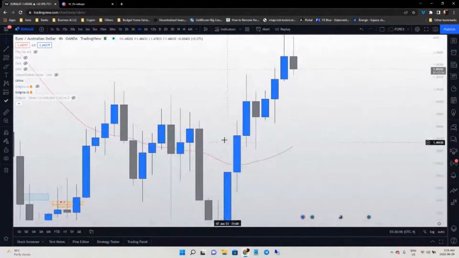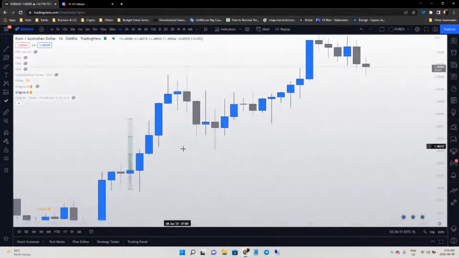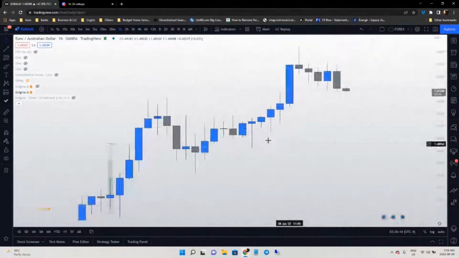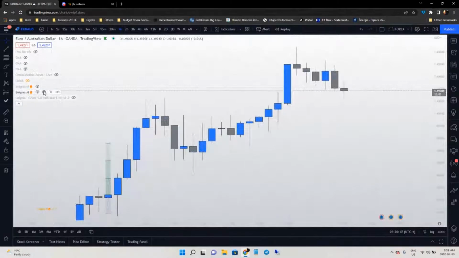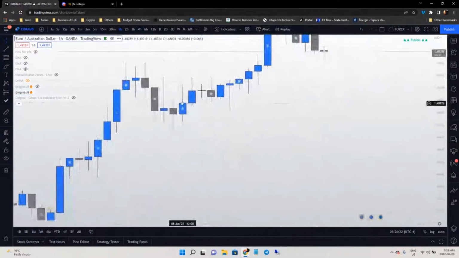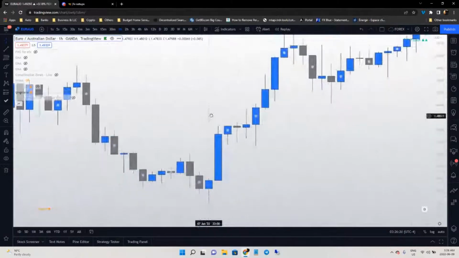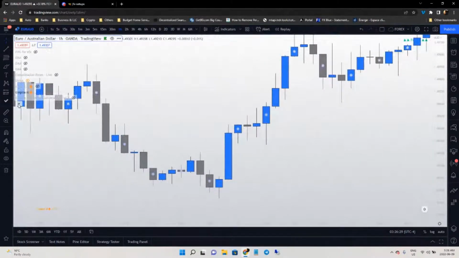That's why I say, even though it's giving you an indication that it's still bearish, based on the setup you could still take it. Right now it's bullish for the Fusion, but if you look at market structure, it makes sense to take it.